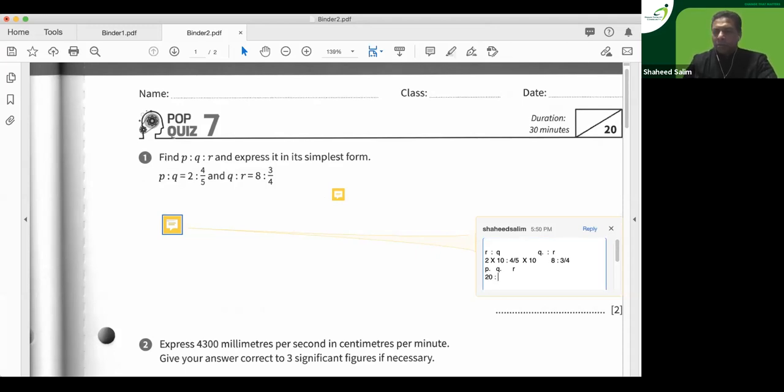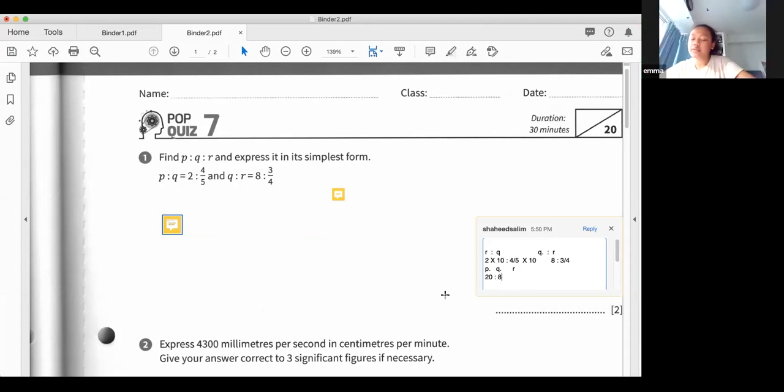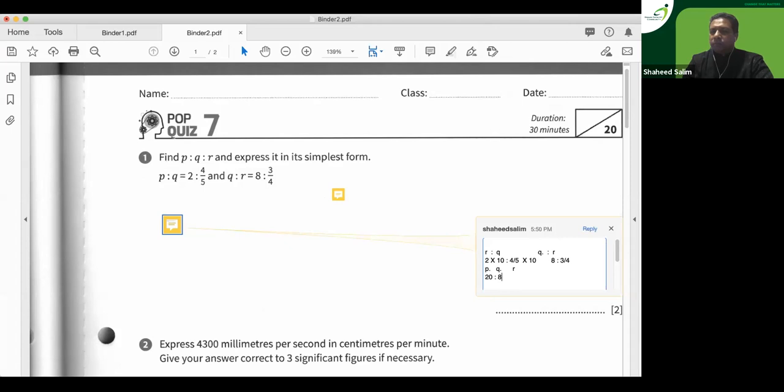So Q becomes 10 times 4/5, which is 8, correct? You use your calculator, you try. 10 times 4/5 is 8, right? Yeah. So now you got Q to be the same. Q is 8. So this one don't need to times anything, just put the R here, 3/4.